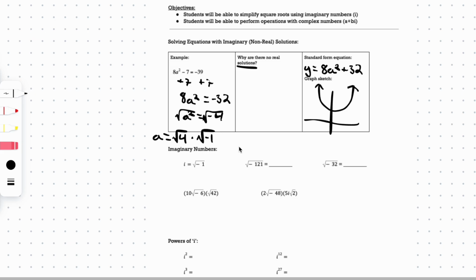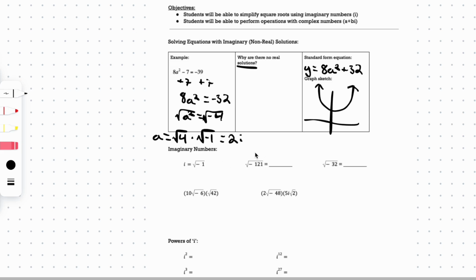We said before we can't have the square root of a negative number, but we're going to assign this imaginary number i to be equal to the square root of negative 1. So the square root of 4 is 2, and the square root of negative 1 is i. So i is always going to stand for the square root of negative 1.